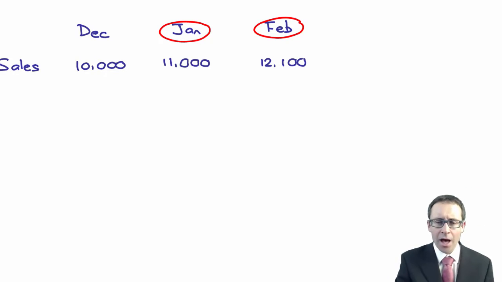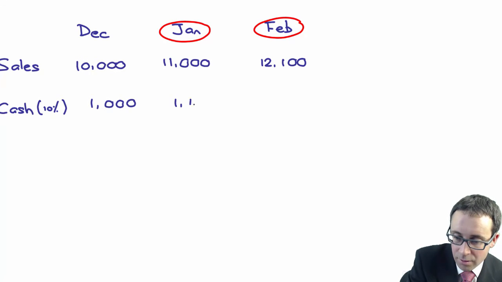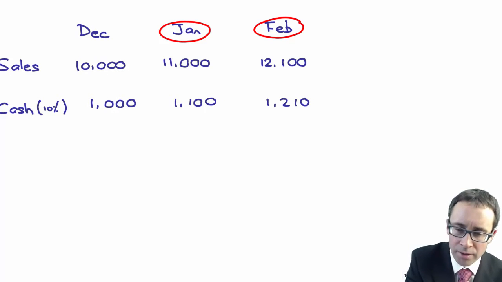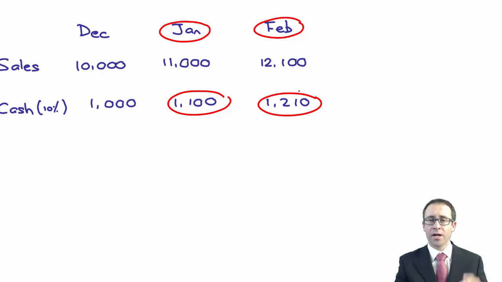Okay. Of those sales, we can then work out what the cash sales are. So they were 10%. So is that 1,000, 1,100, and 1,210? Okay. The numbers that I'm interested in there are your cash sales, aren't they?